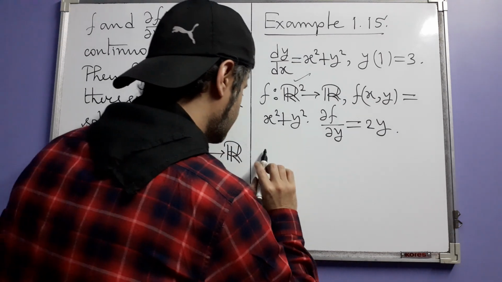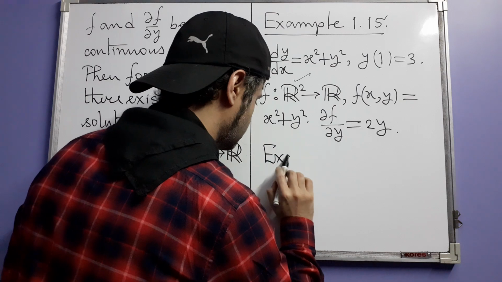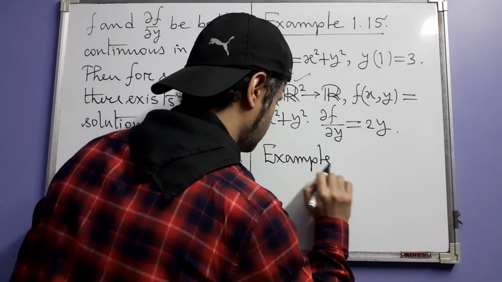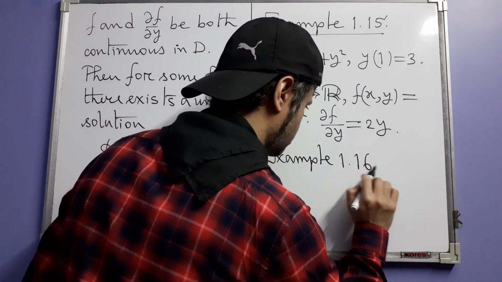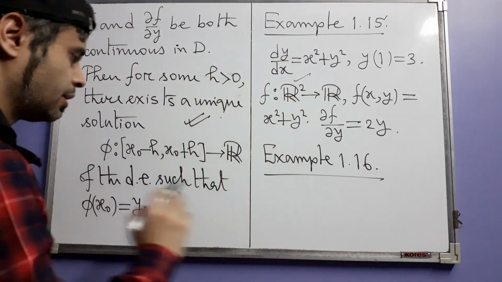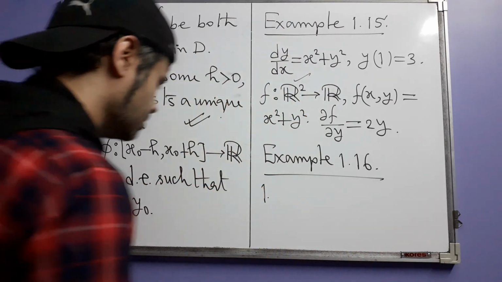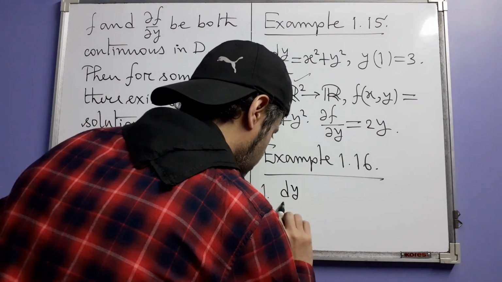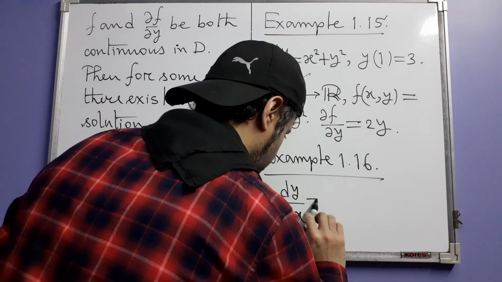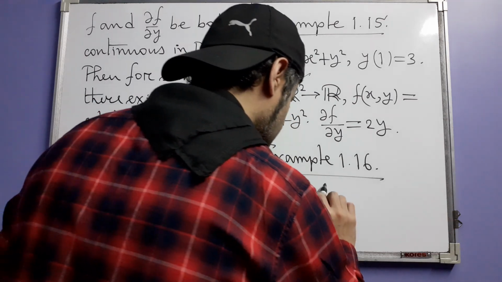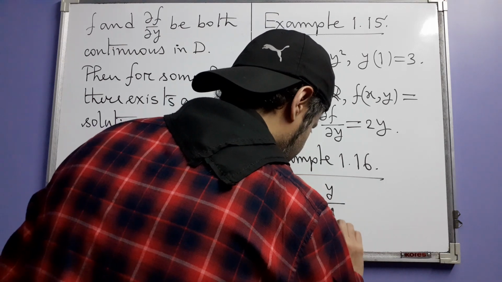And finally, let's see this. Here actually there are two IVPs. The first one is this. This is y divided by root x.